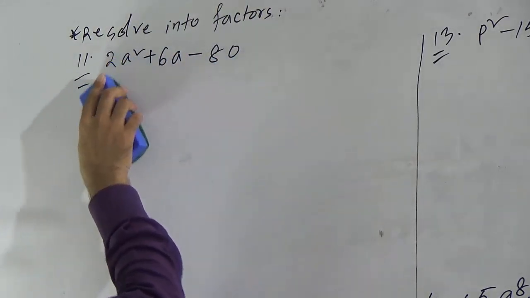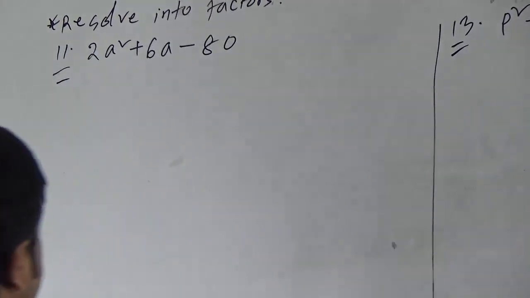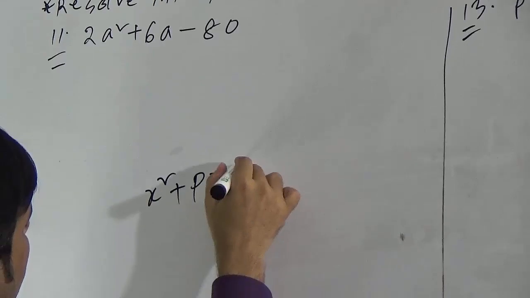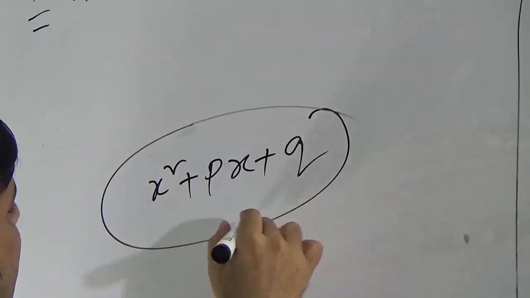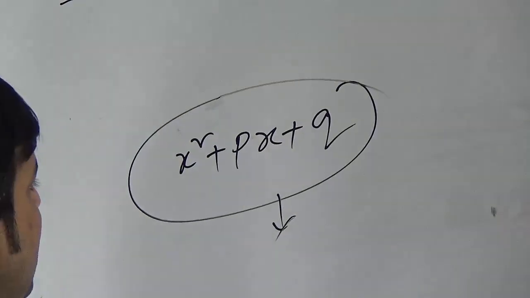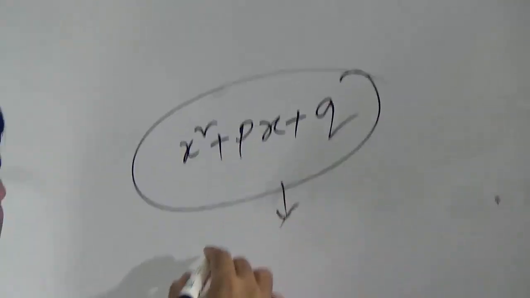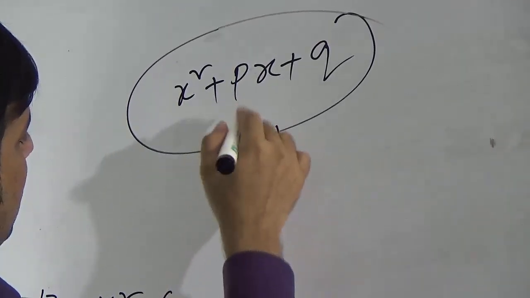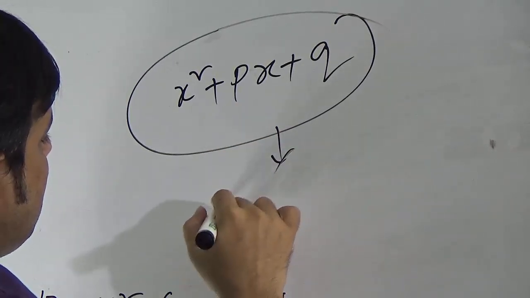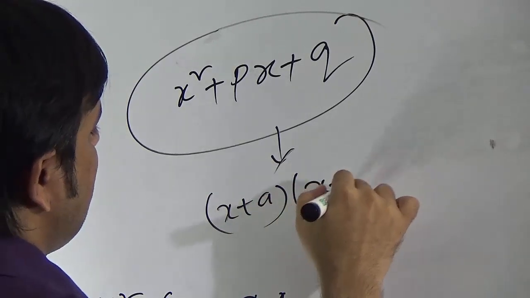Today I'll show you a new method. The expression is in the format x square plus px plus q. If any expression is in this format, we can resolve it into factors using a technique. We have to consider two factors. Suppose one is x plus a and another is x plus b.